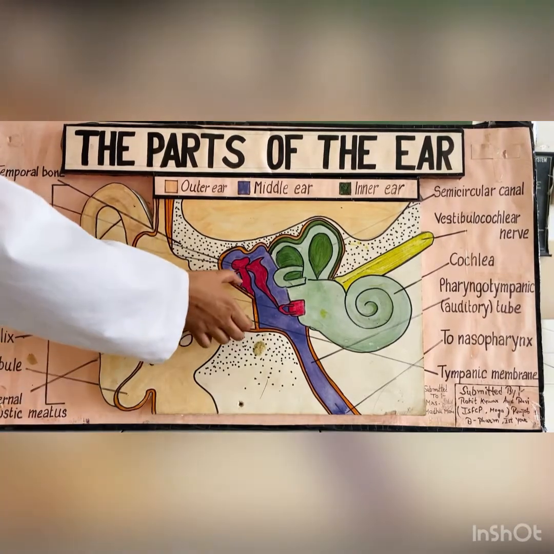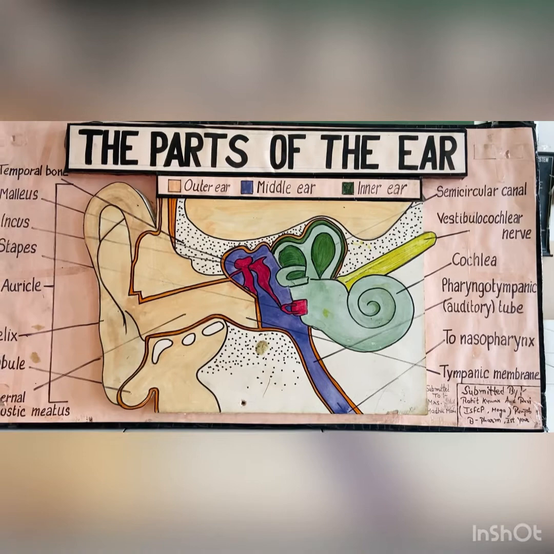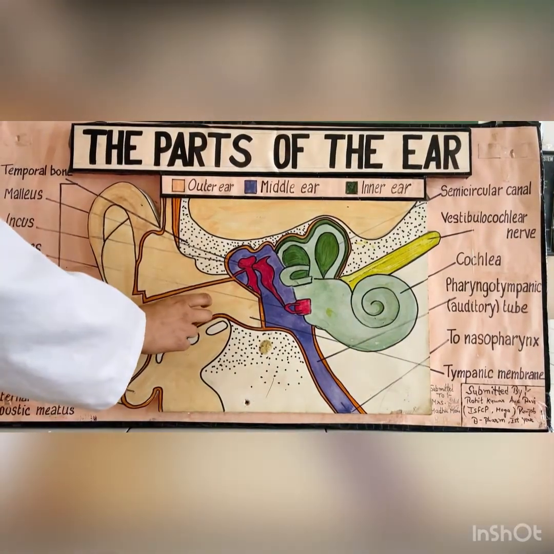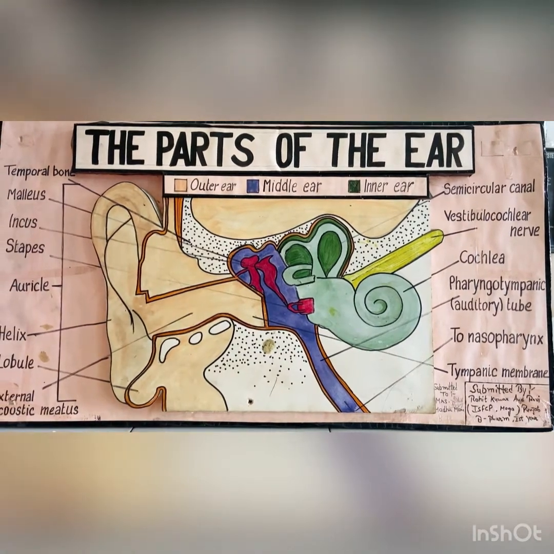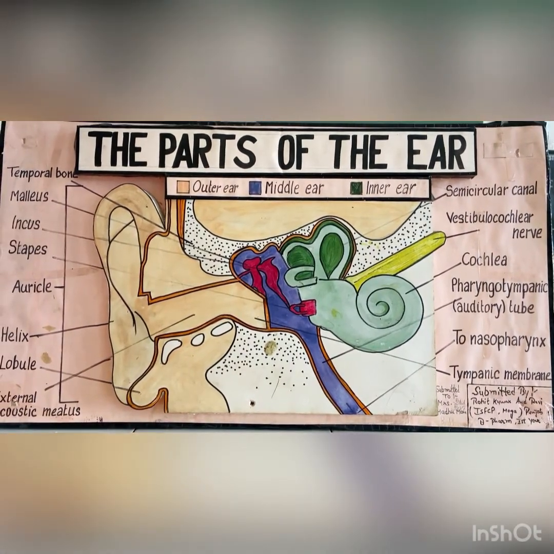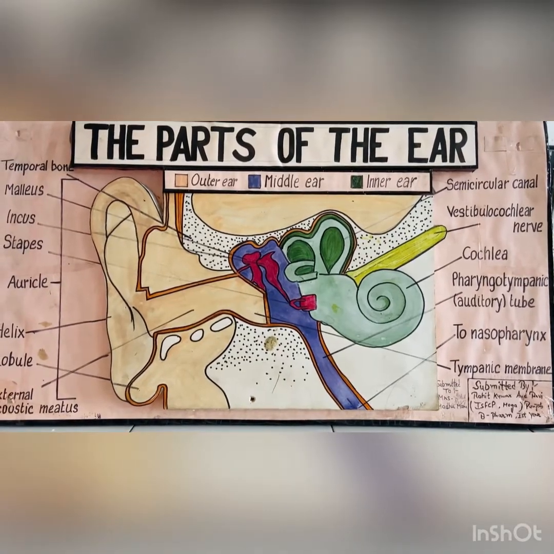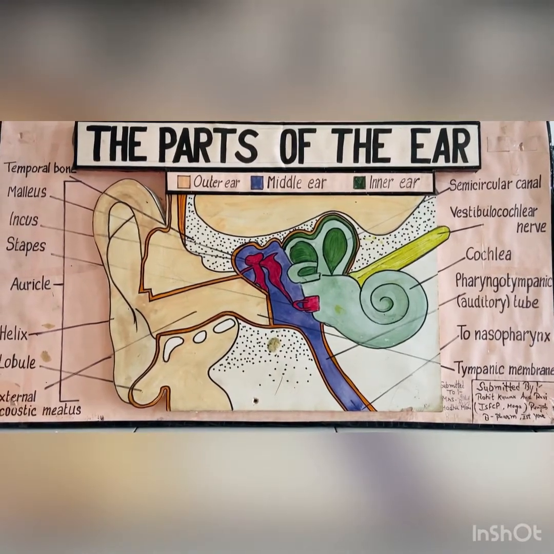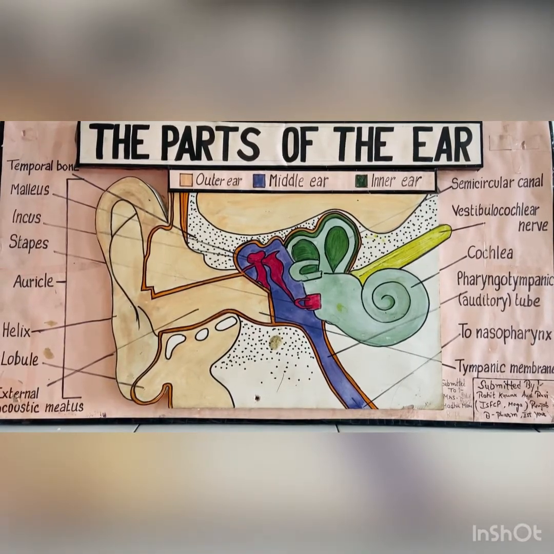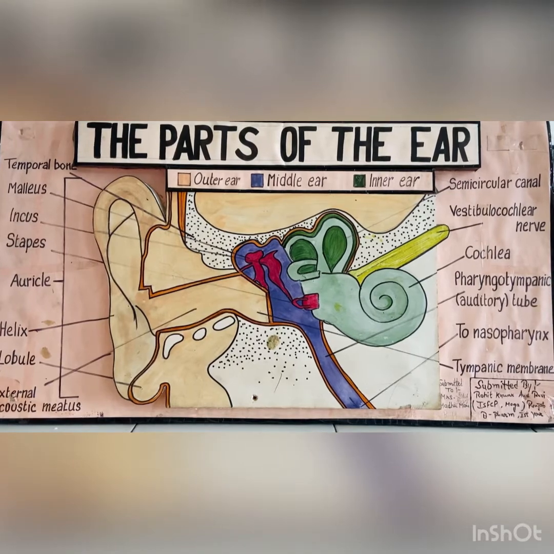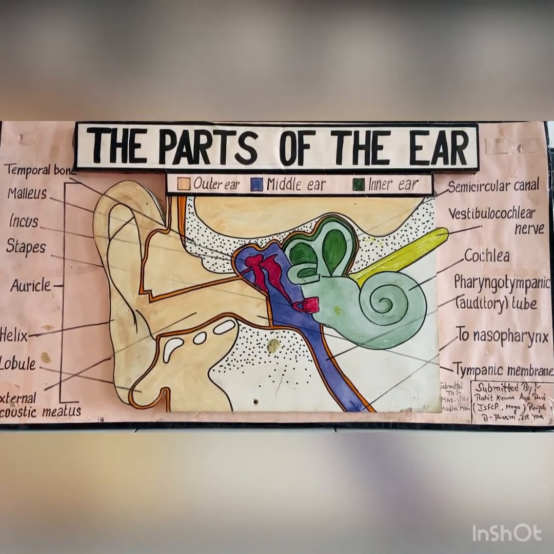Its length is about 2.5 centimeters, and in this area the ceruminous glands are present, which secrete a wax-like substance known as cerumen. Cerumen is also known as ear wax, a sticky material that contains various protective substances including lysozymes, bactericidal enzymes as well as immunoglobulins.